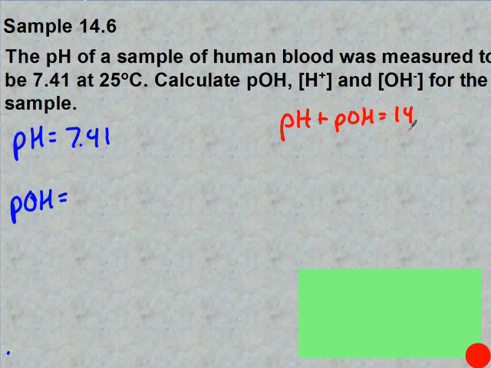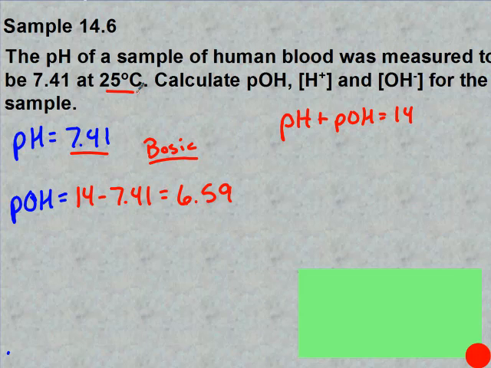So 14 minus 7.41 gives me 6.59. So looking at that, I know that my solution is slightly basic. Doesn't ask it, but if my pH is 7.41, I know it's got to be a base since it's 25 degrees Celsius.